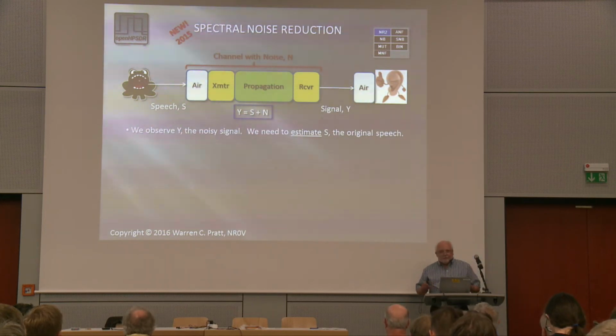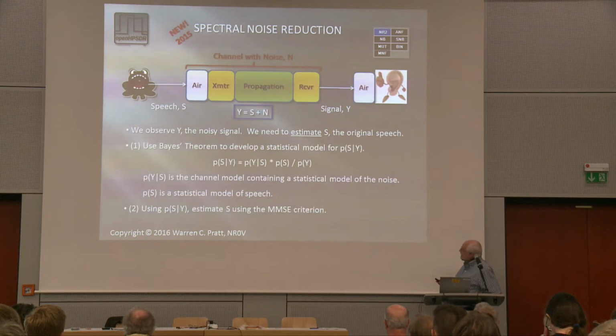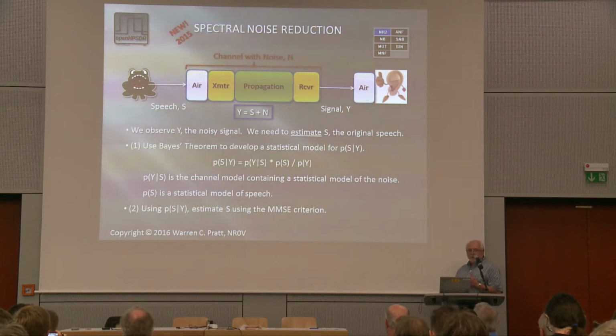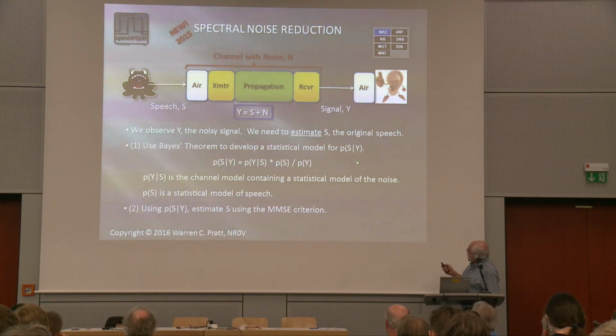Now, when you think about that problem, it's not immediately obvious how to address it until you discover something called Bayes' theorem. Bayes' theorem says that we can generate a probability distribution for the probability of a speech S given that we know Y, okay?